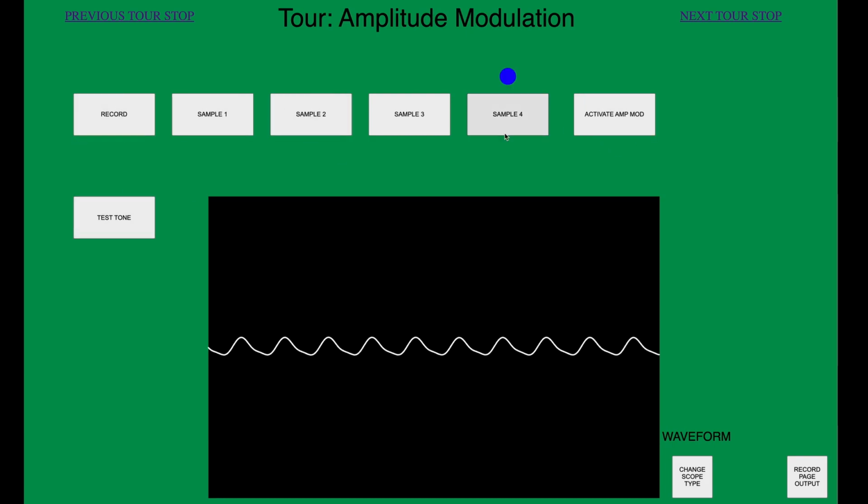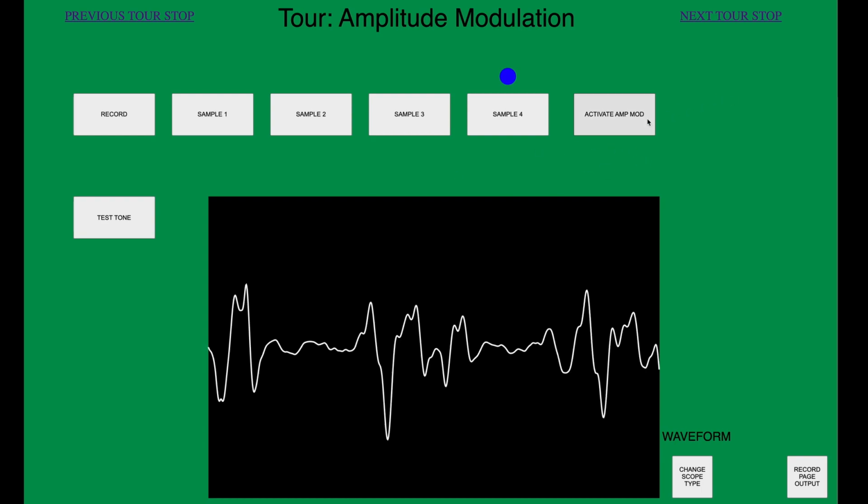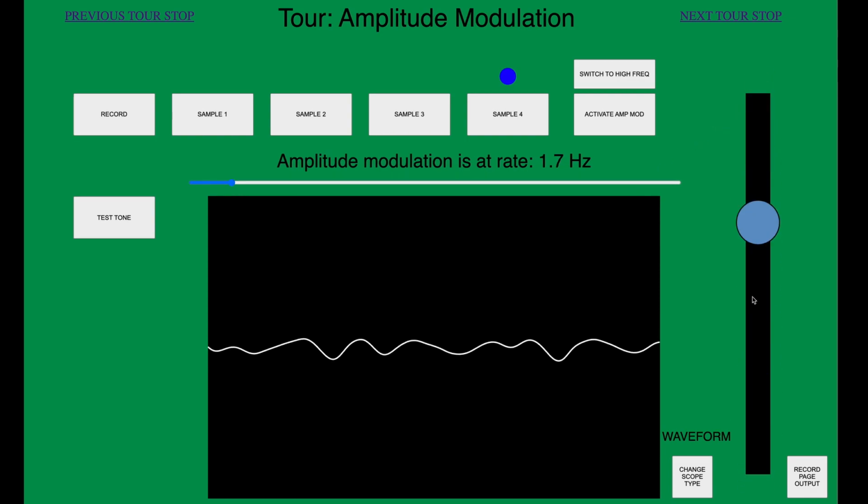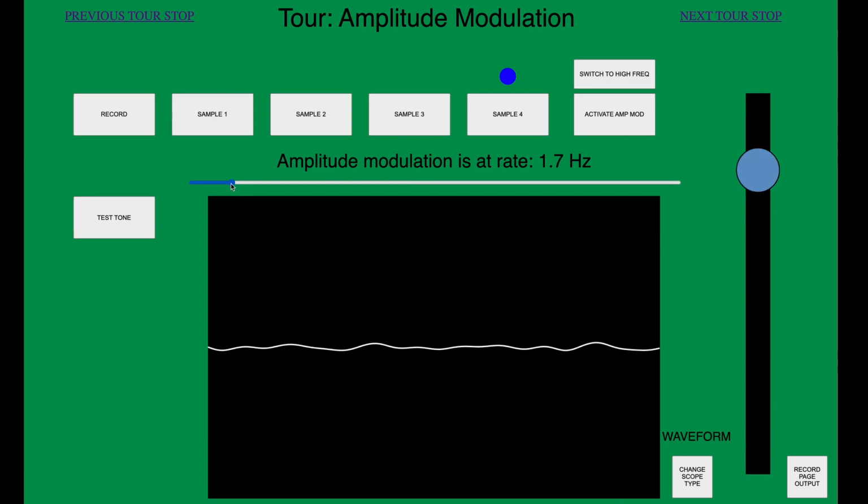So let's use that. So as soon as I click amplitude mod or activate amp mod, you'll see that we've got this ball going up and down, and that represents the LFO controlling the amplitude or the volume of the audio. And you can see that in real time as it goes up.